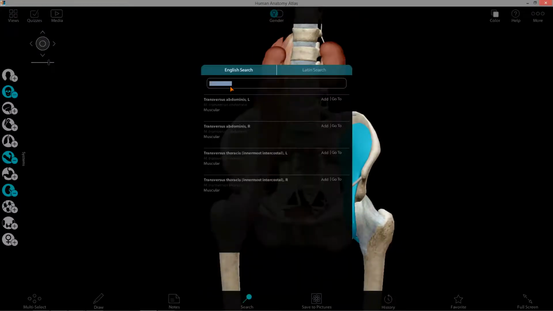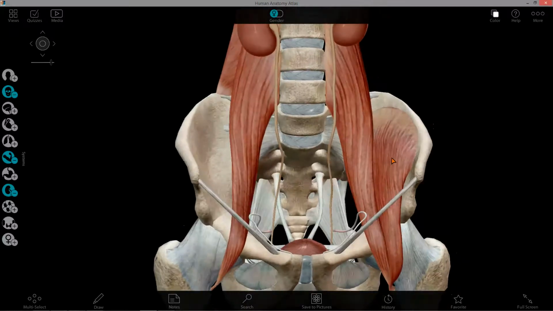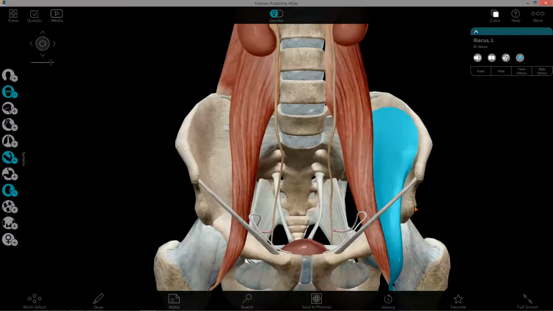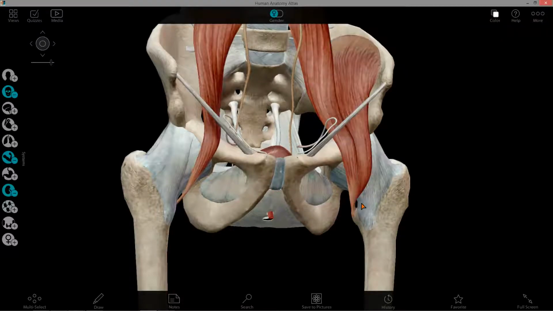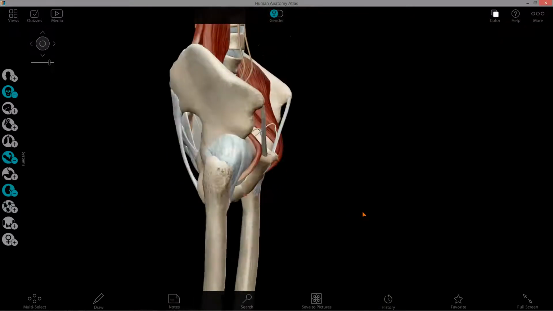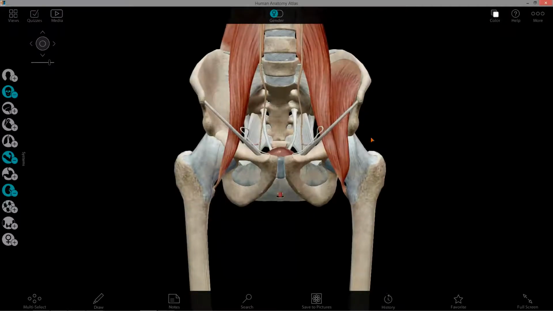So if I just put in the psoas on the left-hand side, you can see how closely related the psoas muscle and the iliacus are, and they join together in the cadaveric dissection. You'll see that they both insert, if I rotate posteriorly, into the lesser trochanter via the iliopsoas tendon. The iliacus is also a hip flexor, much like the psoas major.